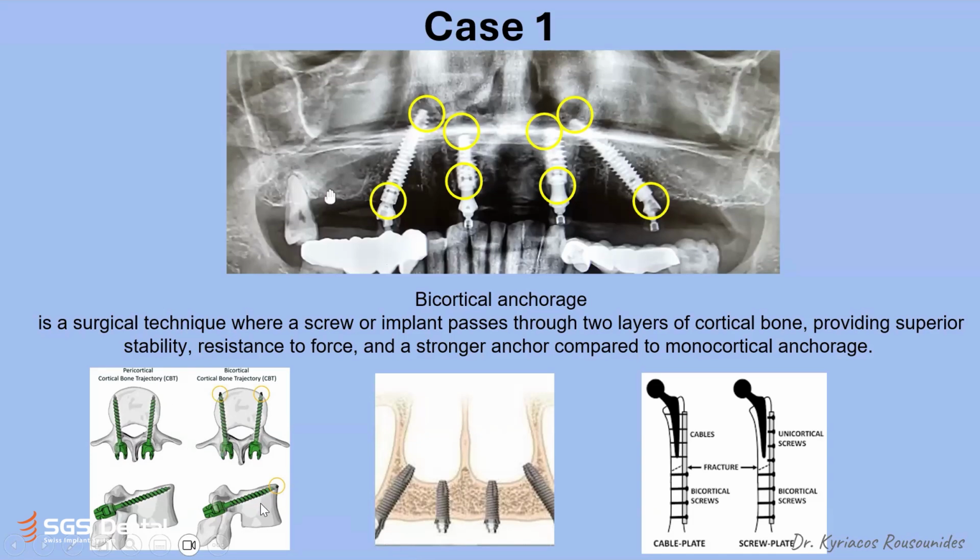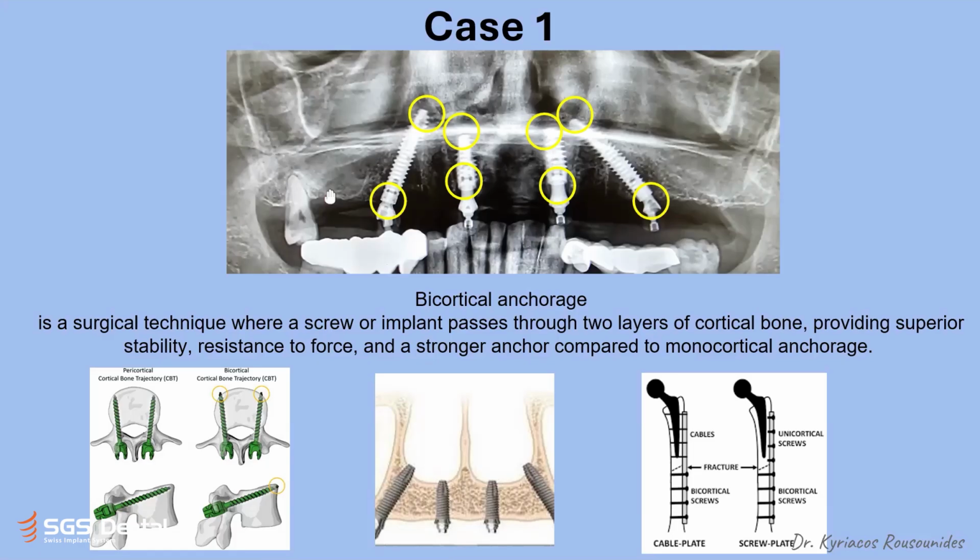And if one screw doesn't sit very well and isn't attached in two positions, in two cortical parts, then the whole spondylosis will fail, because the whole will be unbalanced.